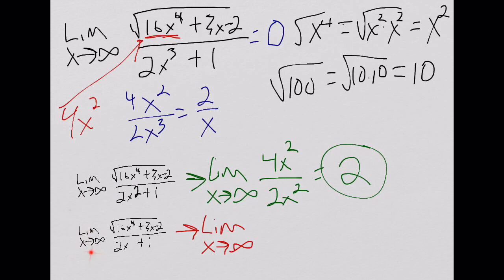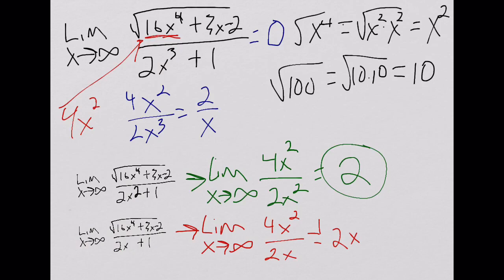So the last one, same thing, except instead of a cubed or a squared, I'm now just down to an x. So this thing is going to act like the limit as x goes to infinity of 4x squared over 2x. As I divide the 2 into the 4, I get a 2, and if I divide this x into the x squared, I get an x.